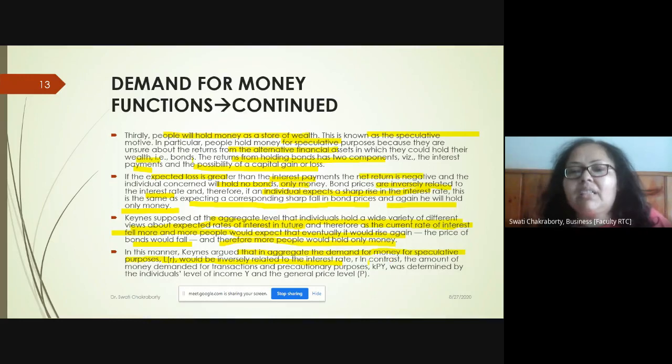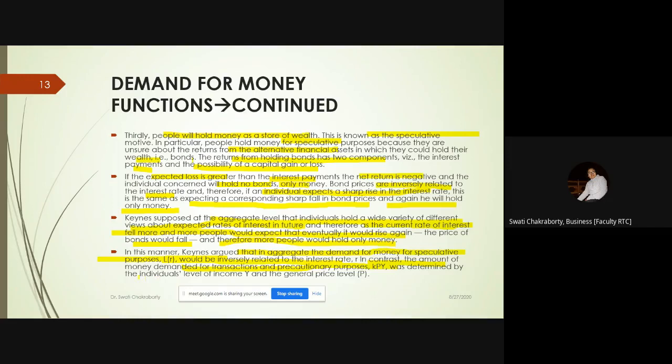On the other hand, the amount of money demanded for transaction and precautionary purposes, that is KPY, is determined by the individual's level of income and the general price level. P stands for price level, Y is for income, and K is the proportion of income that is held for transaction and precautionary purposes.